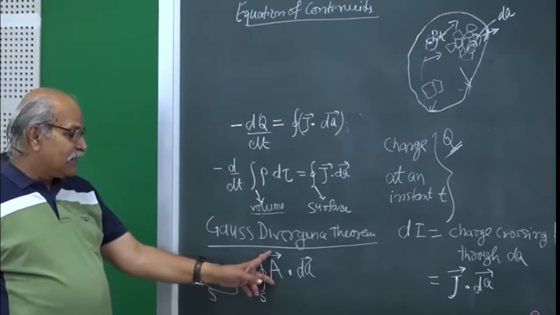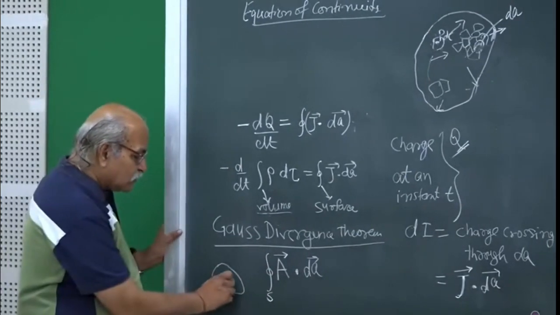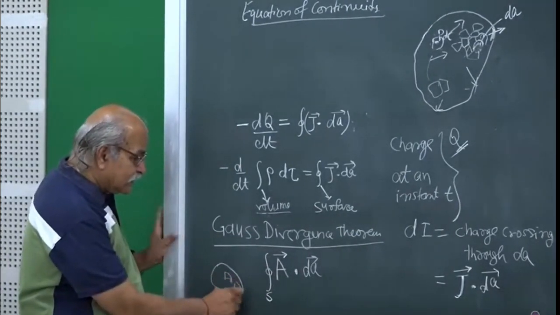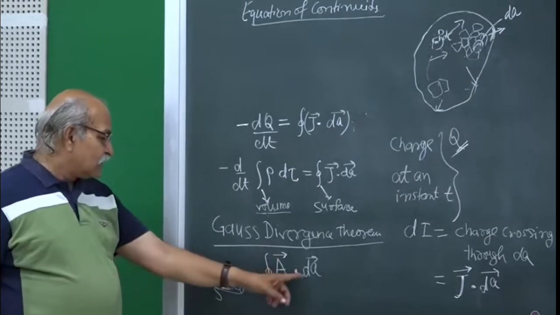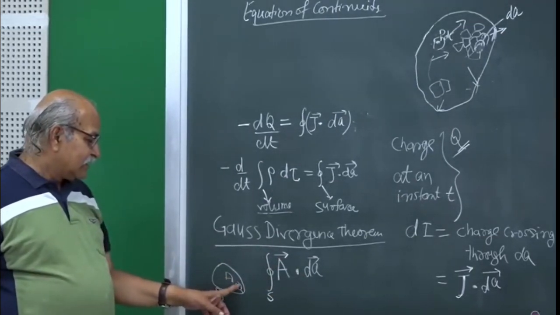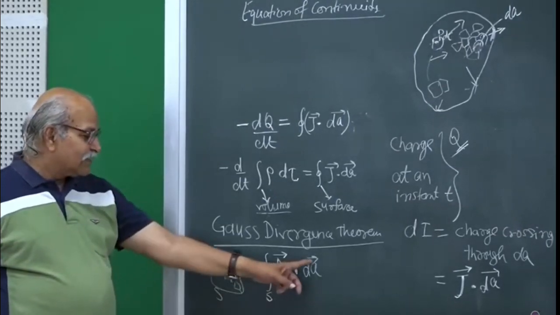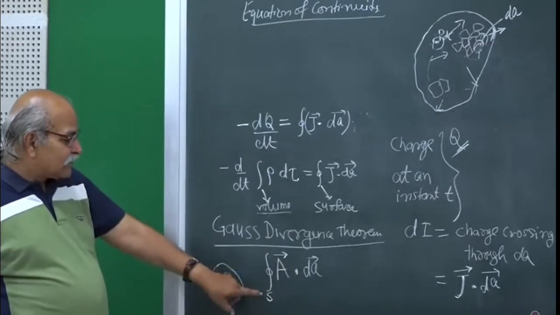And then you have a closed surface, and on that closed surface you take those dA, and then integrate A dot dA: A here, dA here, A here, dA here. So, everywhere you calculate this A dot dA and add them, so that is this integration.